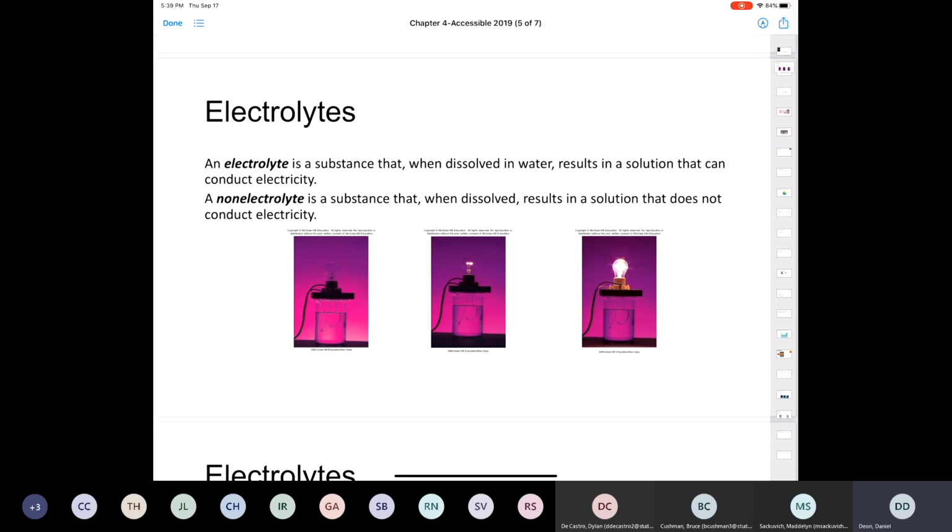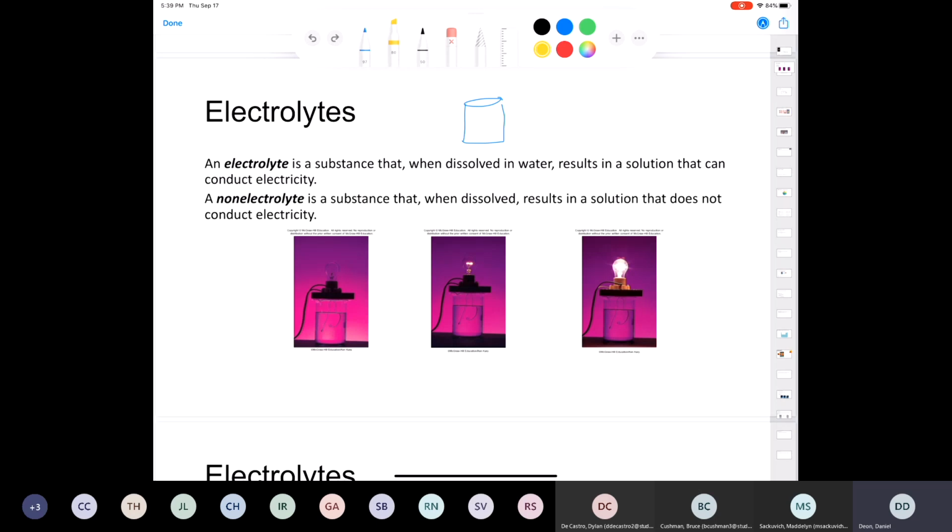Okay, so if we just have a beaker maybe with some water in it, and if we put some solute into that beaker, and then it ends up being able to conduct electricity like this, that's going to be considered an electrolyte. So what it means is that the substance that you put in there was an electrolyte.